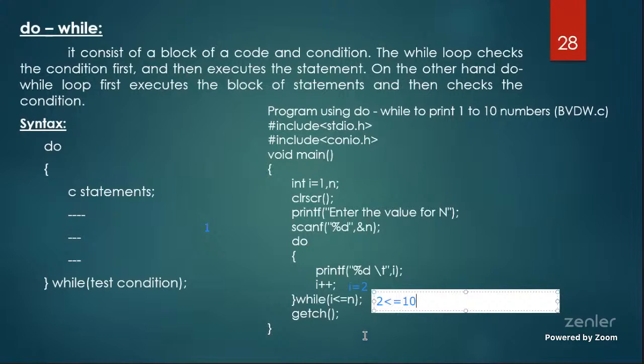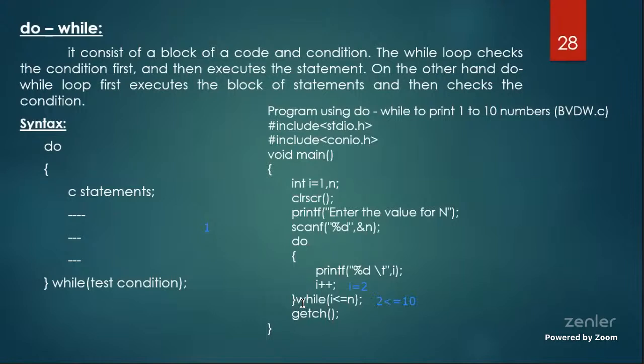Since this condition is true, again you will go to the do. What will you do? printf percentage d slash t I. Now what is the I value? The I value will be 2 now, correct?